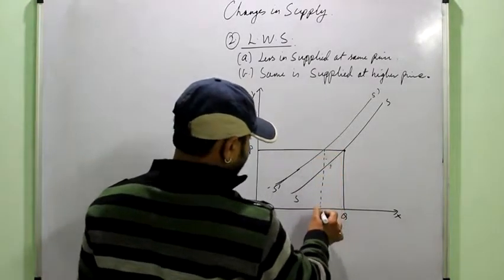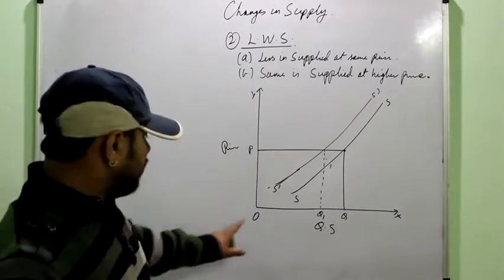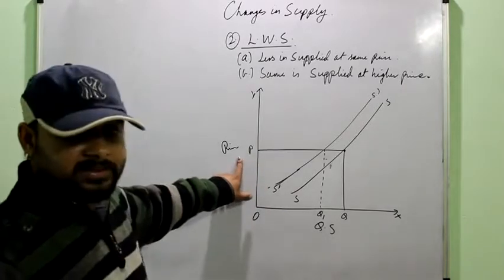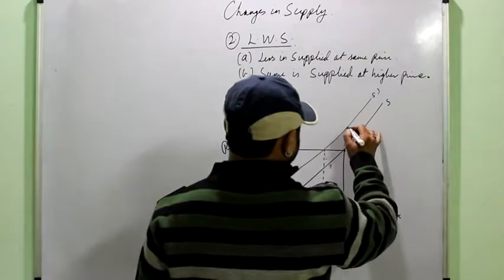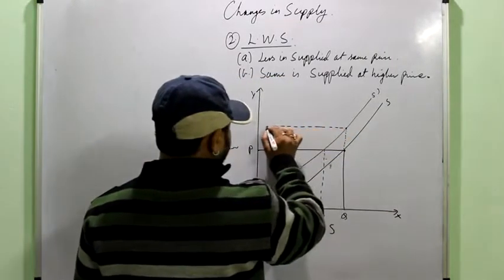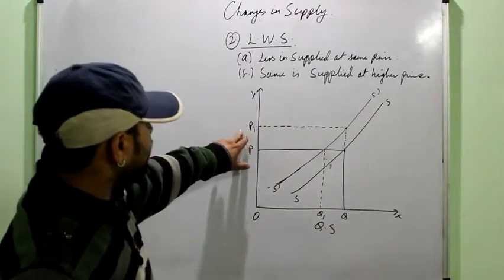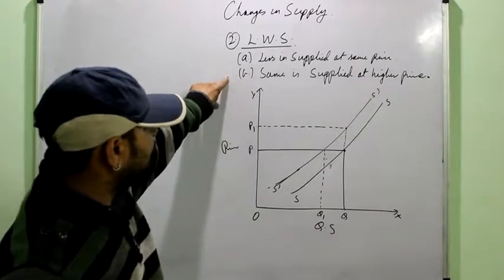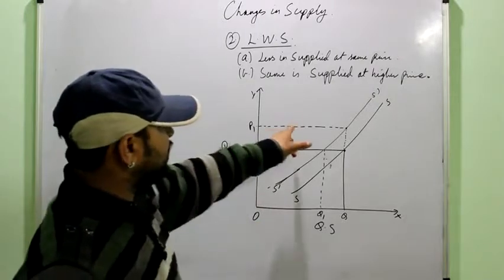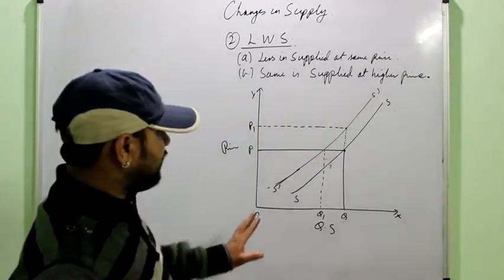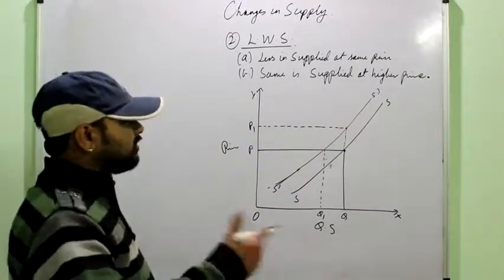This shows you the first condition, that is less being supplied at the same price, quantity OQ1 even when the price remains the same, that is OP. Then if you produce it from here, mark your P1. This point shows you the second situation where the same is being supplied even at a higher price. The price of the commodity rises, but still the seller is not willing to increase the supply. He supplies the same quantity. Causes again, as I told you, would be the reverse of the rightward shift.